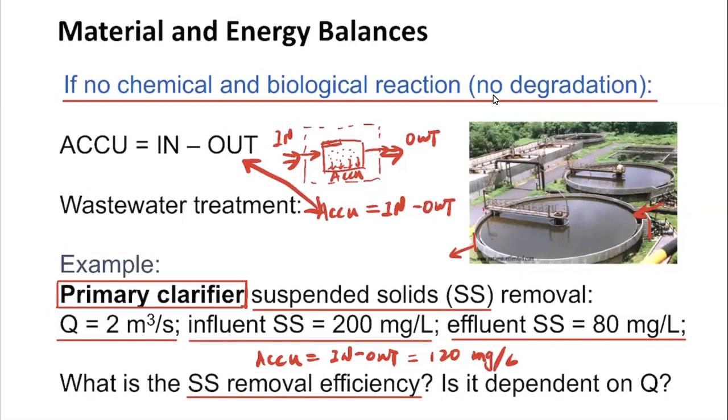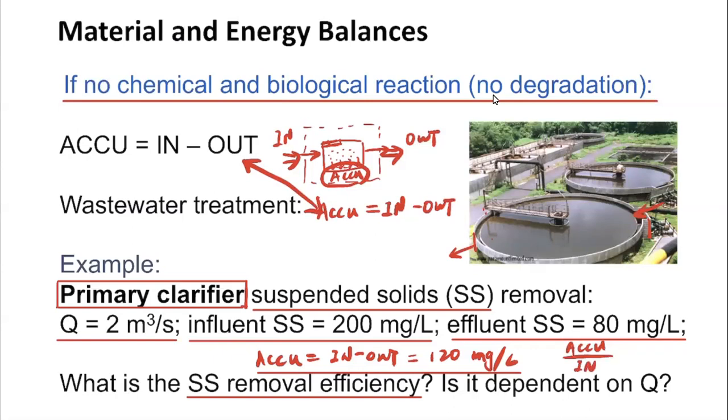So what is called the removal efficiency? Within this primary clarifier, the suspended solids are being removed through this accumulation process, so the removed amount is just the accumulation amount. The removal efficiency is the accumulation divided by the inflow.